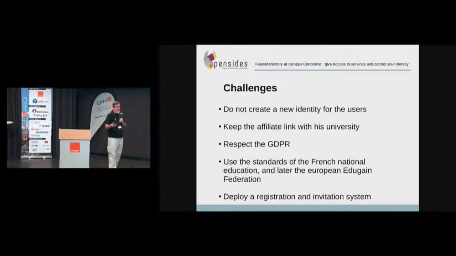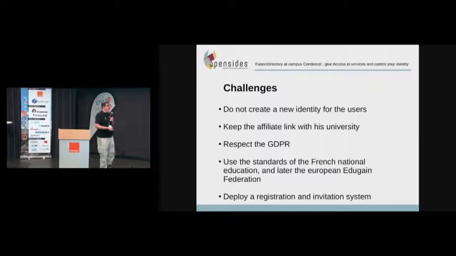And then what's interesting, and it goes with what Clément just talked about, was how can we use the standard of the French national education and how can we use the federation system to be able to get this info about the user and ask the university of origin if this user can connect or not.